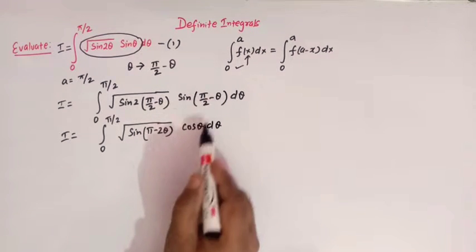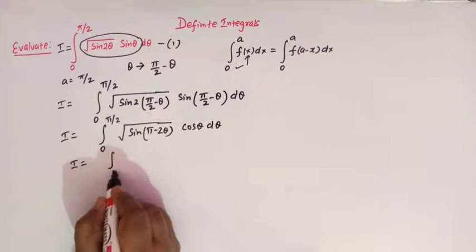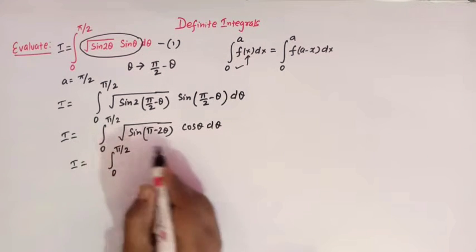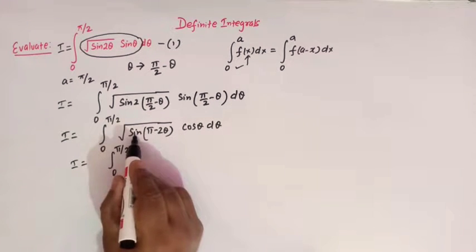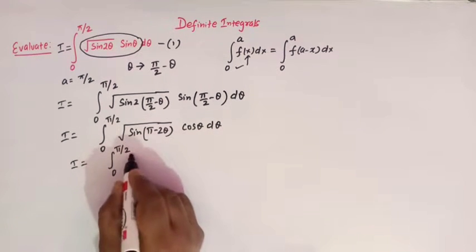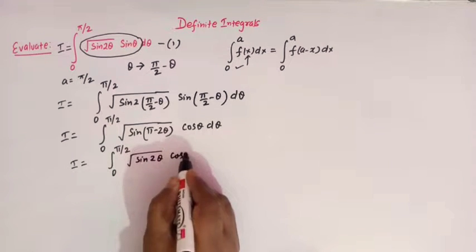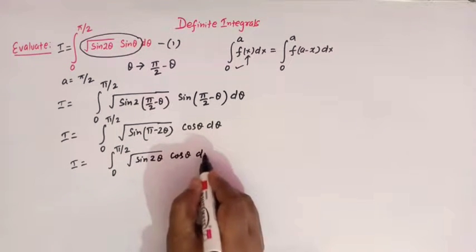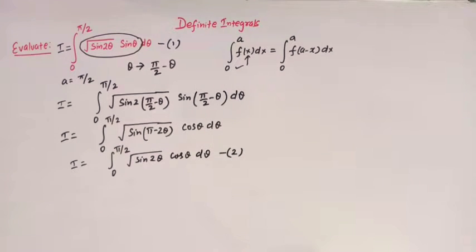Now this integral can further be written as 0 to pi by 2, and we know from trigonometry that sine of pi minus theta is sine theta. So here we have sine of 2 theta, and here we have cosine theta d theta. So this is integral number 2.